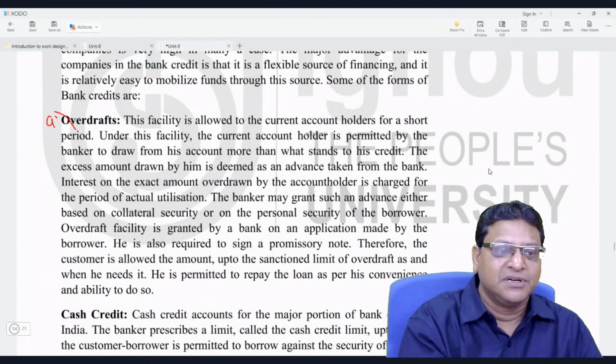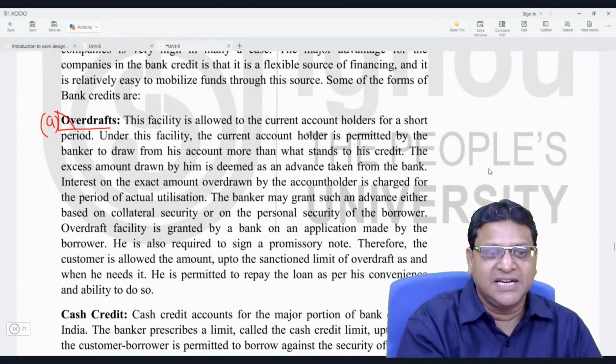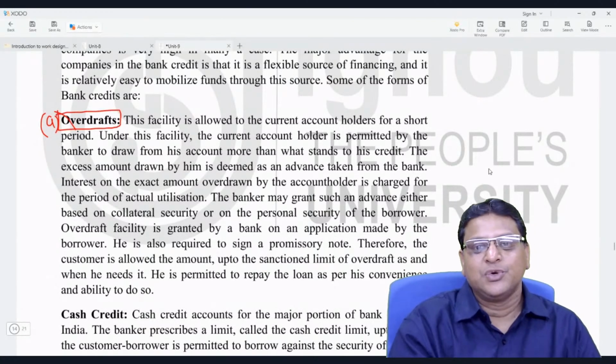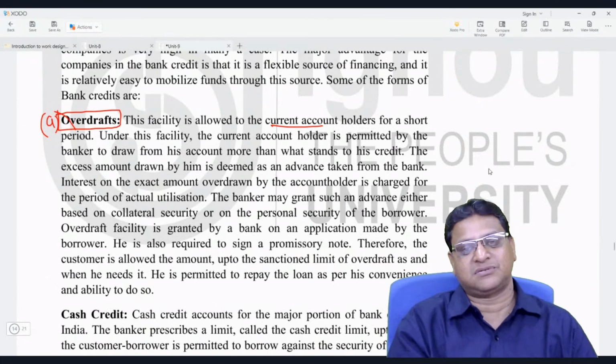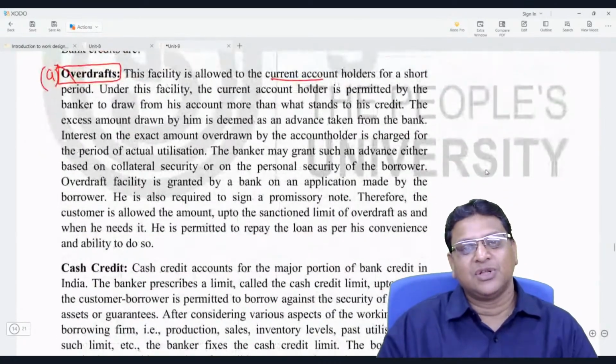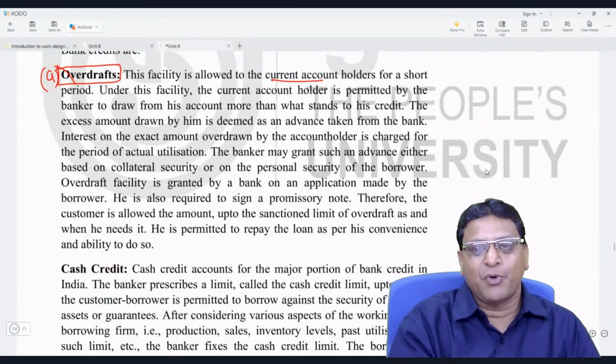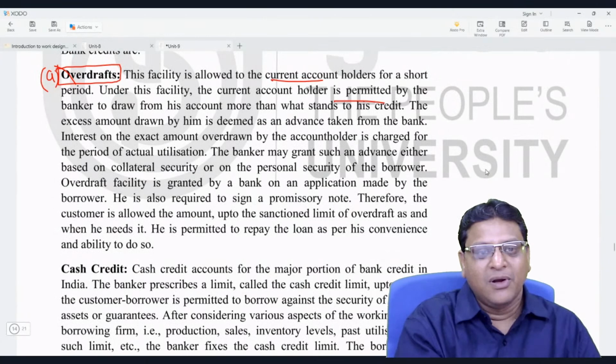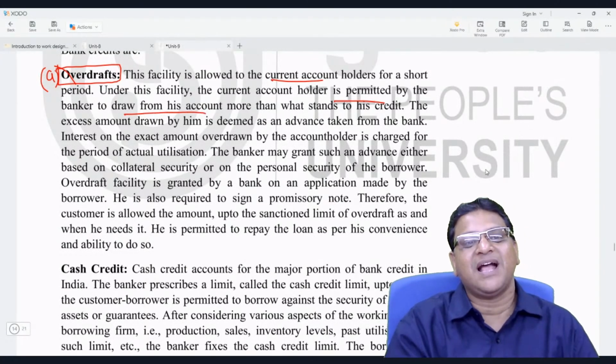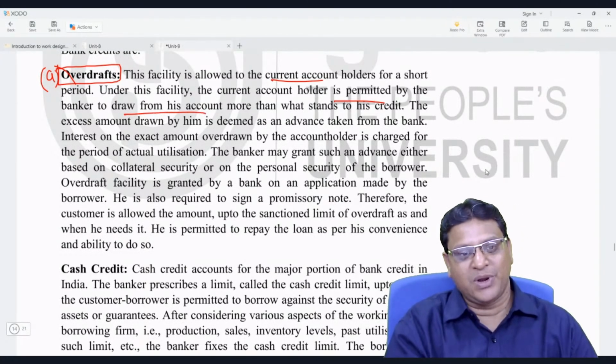What is overdraft? Overdraft is a facility which is provided to the current account holders of the banks. In case of overdraft facility, the current account holder is permitted to withdraw more money than what they have deposited. That is known as overdraft facility.